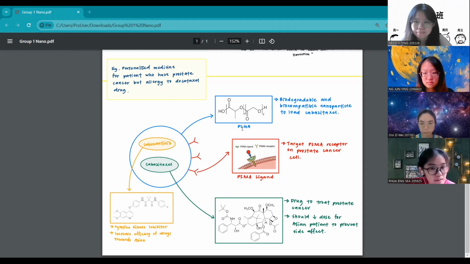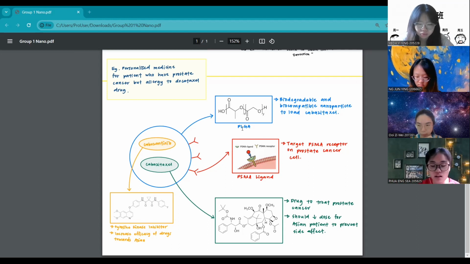So when we combine the tyrosine kinase inhibitor with other drugs, it can result in a synergistic effect, where the combined effect of both drugs is greater than the sum of the individual effects of each drug. So this synergy may lead to enhanced anti-cancer activity.